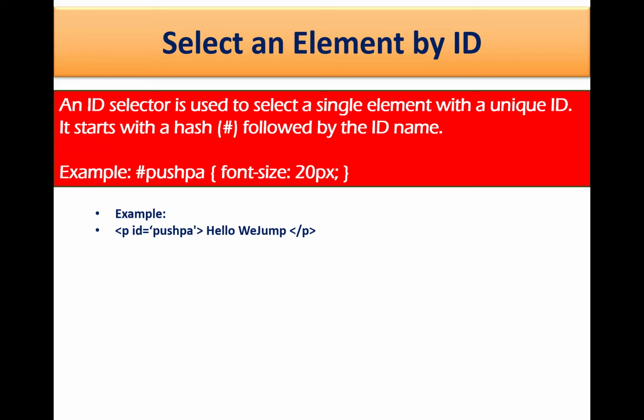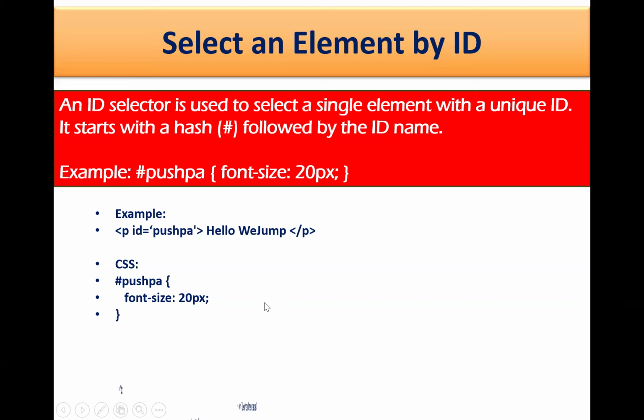You can type hashtag Pushpa and write the styles. Very good. So first we have to use the hashtag. Then after that we write the ID name, Pushpa, whatever we have written here. After that you can enter the open curly bracket and write the styles. Then you can close.